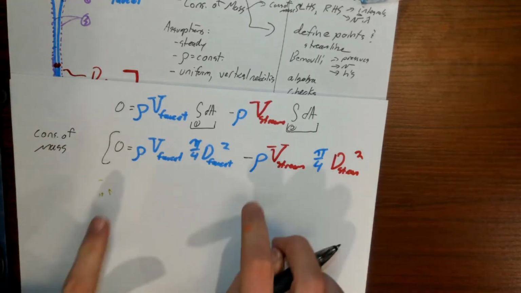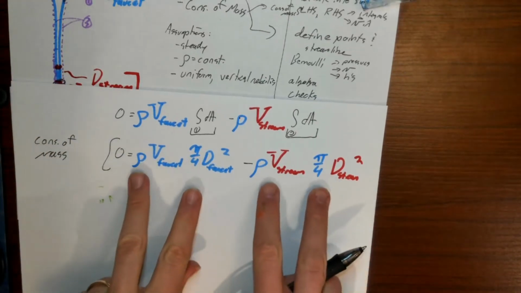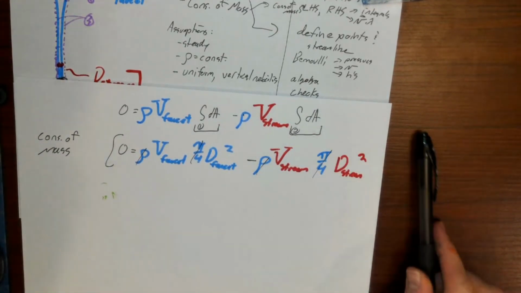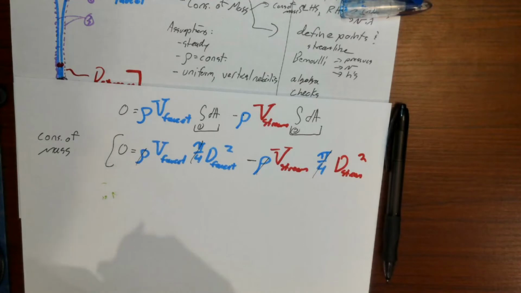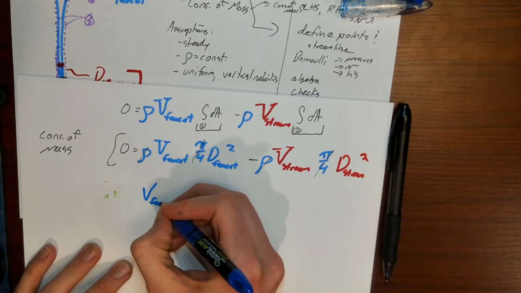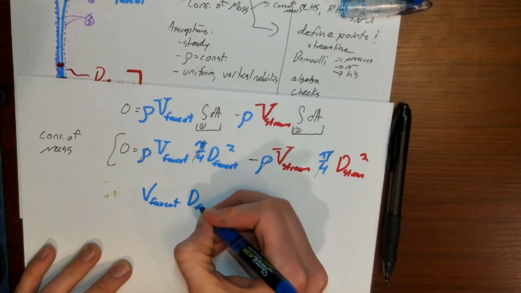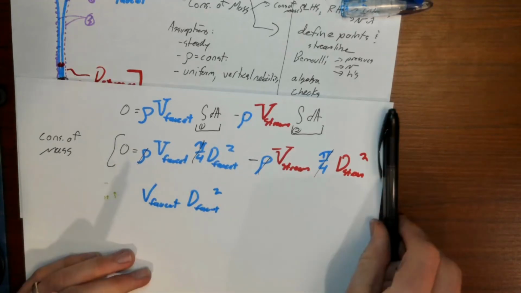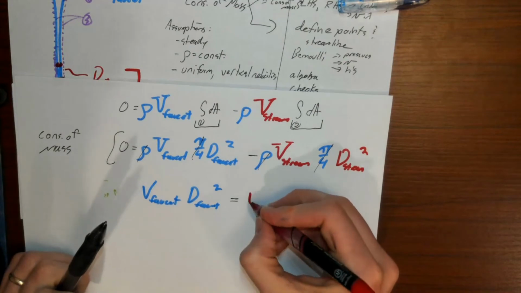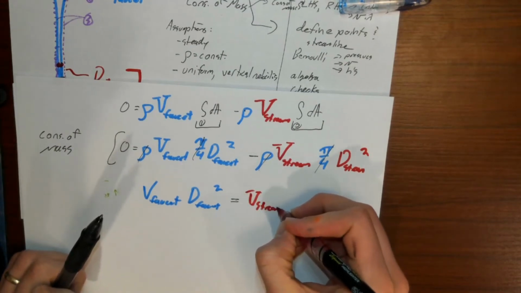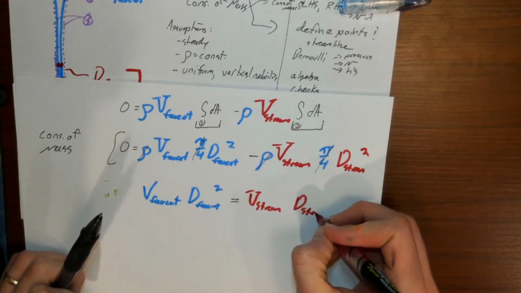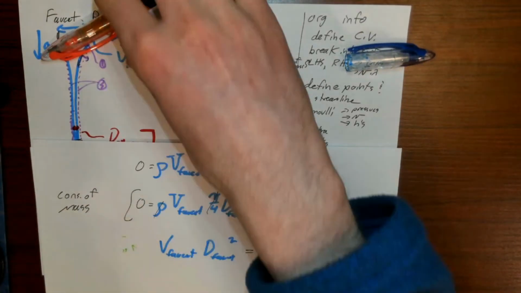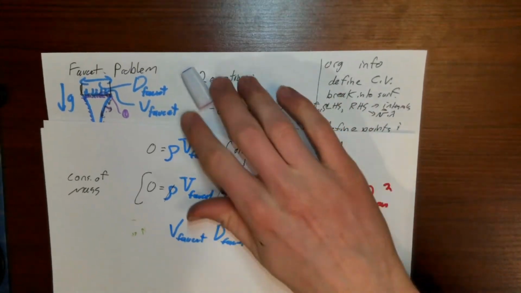Of course, both terms have a rho and both terms have a pi over 4, so we can just divide those out. And what do we get? We basically get v faucet d faucet squared is equal to v stream d stream squared. So what does this mean? We can do some physical interpretation here.